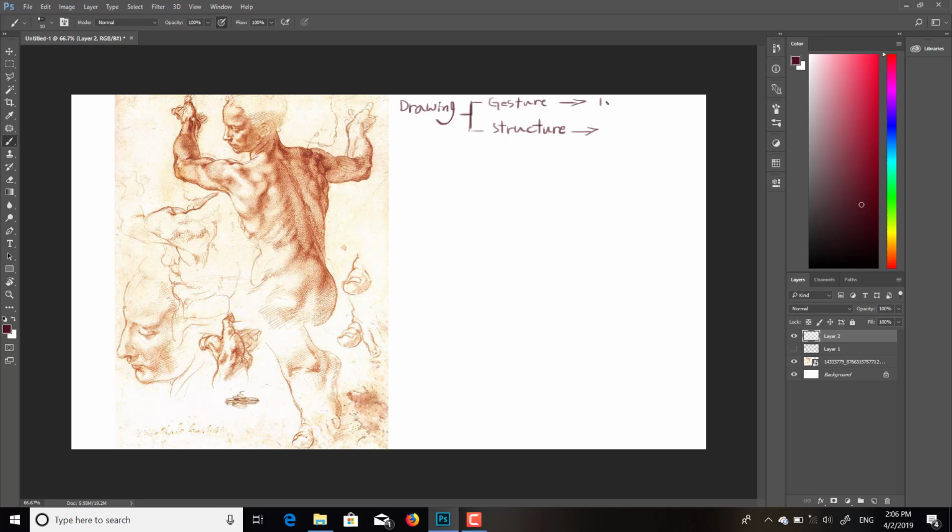We design gesture with lines, which represent movement in the body or everything that's around you, and structure represents the volume, the surface that you're seeing.